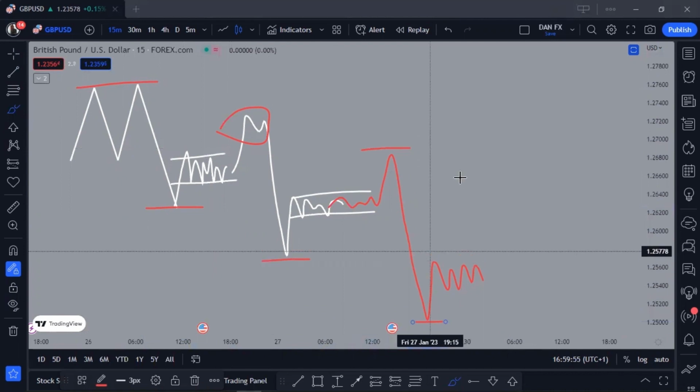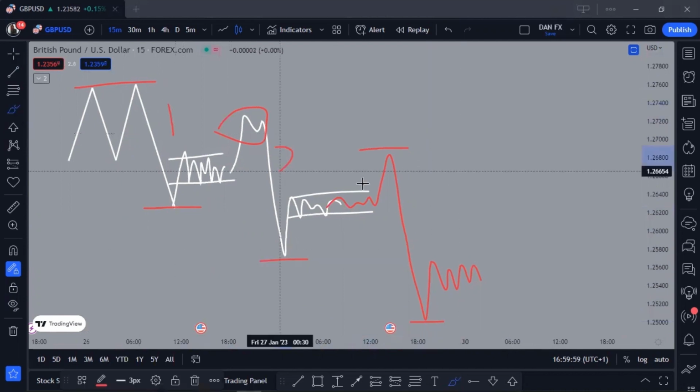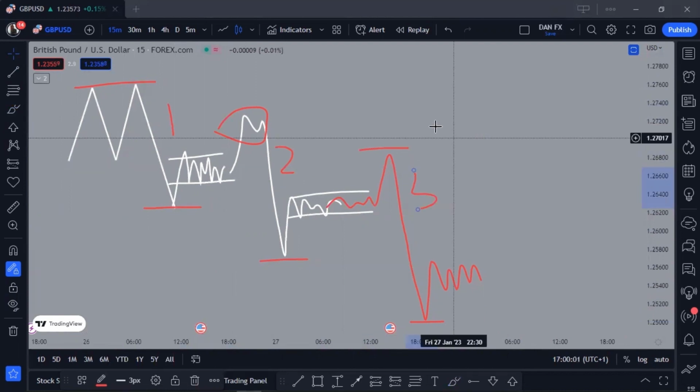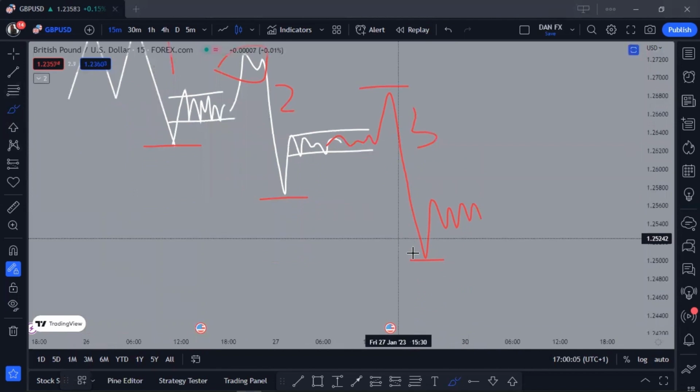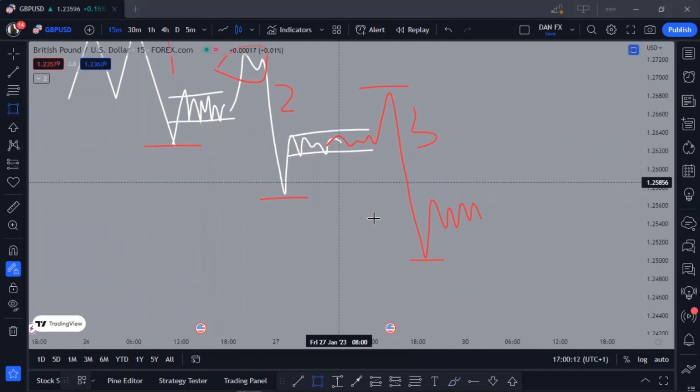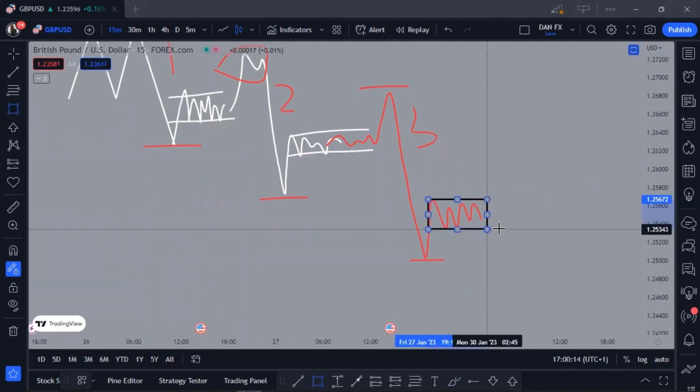So basically, this is your high, your lower high, your lower low, your lower high, your lower low, right? And you expect a lower high. Now, if you count this, this is 1, 2, 3, and you're looking at the charts at that moment, and you see they form this low after 3 pushes or after 3 days of market trending in one direction, and they form this low like this and begin to consolidate.